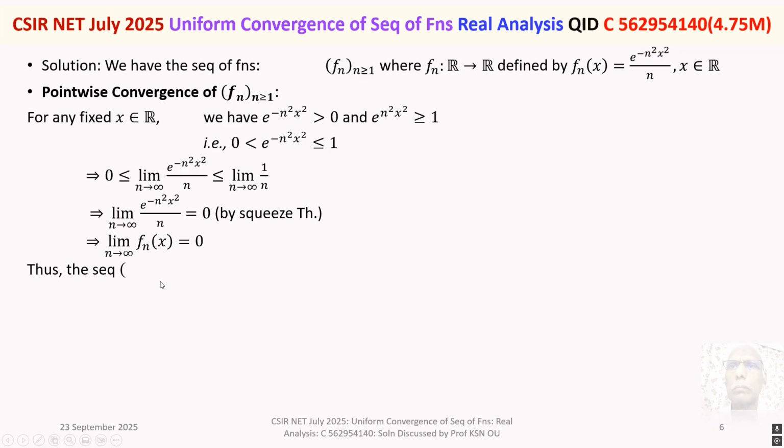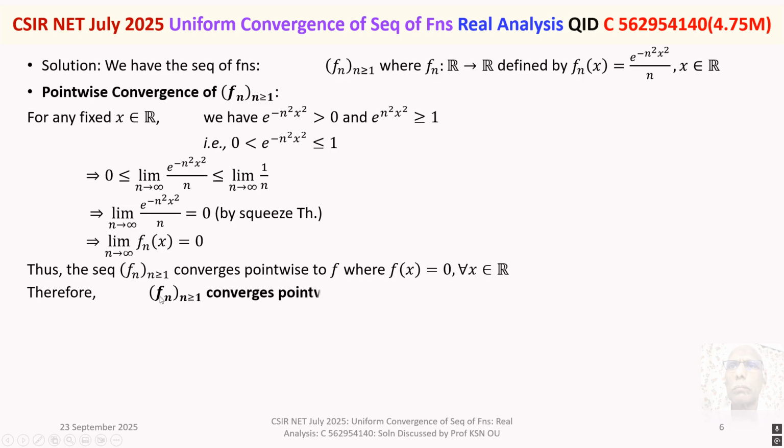And thus, the sequence Fn converges pointwise to f, where f is the limiting function, f of x is equal to 0 for all x belongs to R. So, our conclusion is the sequence Fn converges pointwise to 0 on R.